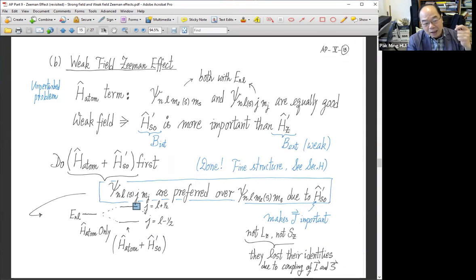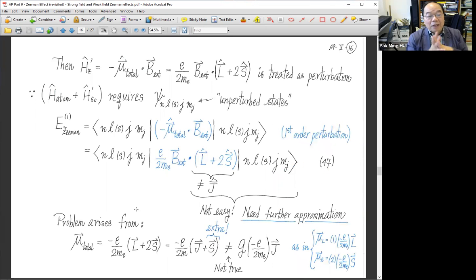So the spin orbit term will remove the P degeneracy again partially. With this as our basis, then we hope to treat the Zeeman term in a perturbative way, first order perturbation. Okay, so that is the idea. So now we are ready to handle the Zeeman term.